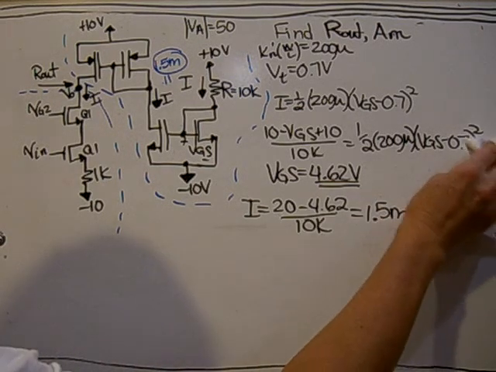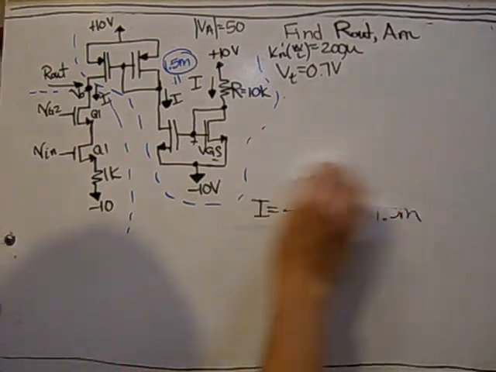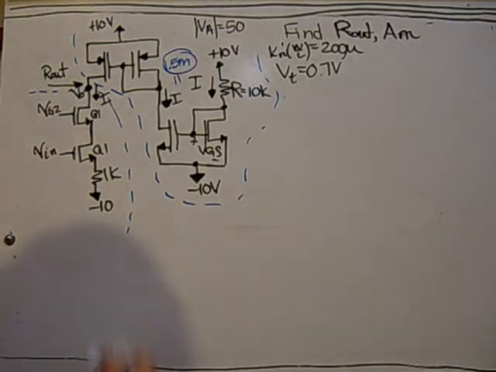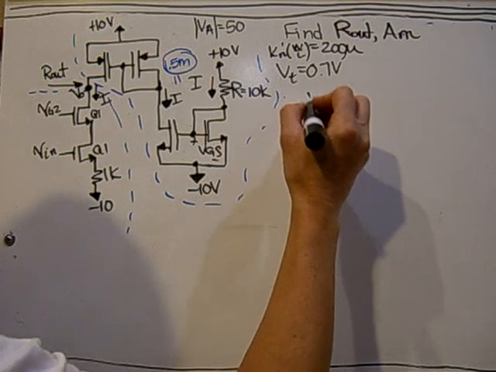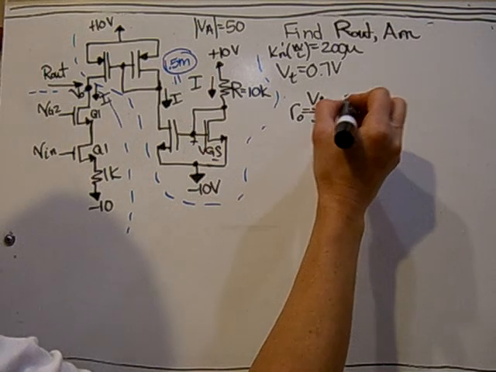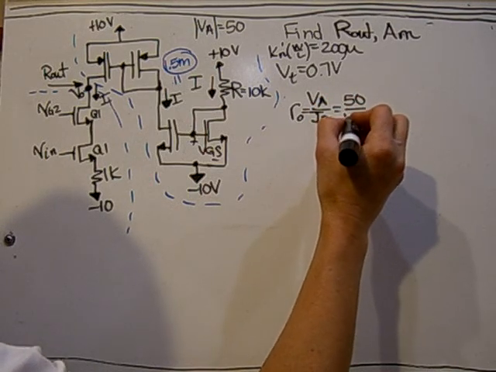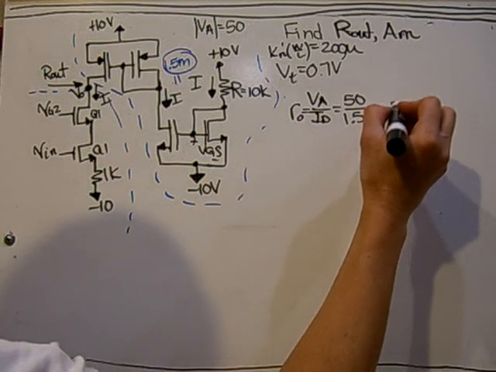Okay, knowing the current now, the AC parameters RO and GM can be found. So RO is VA over ID. ID is the same for all of them, so 50 over 1.5 milli gives a value of 33.3K.